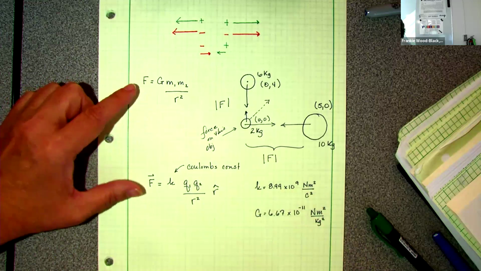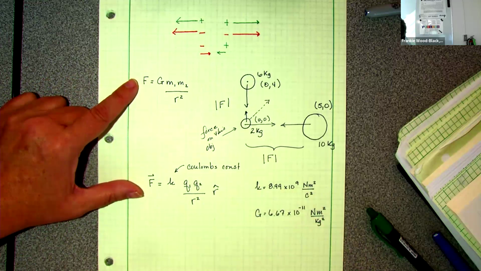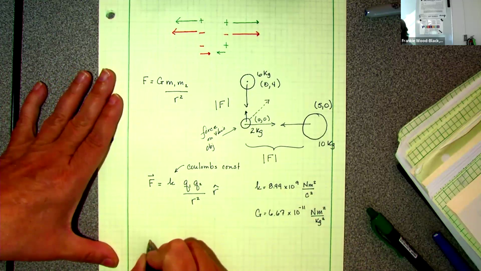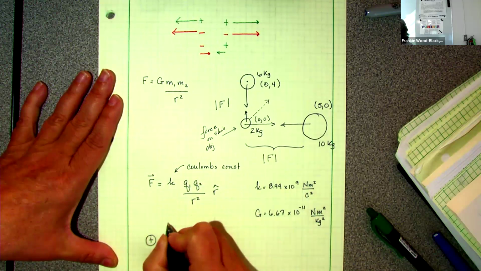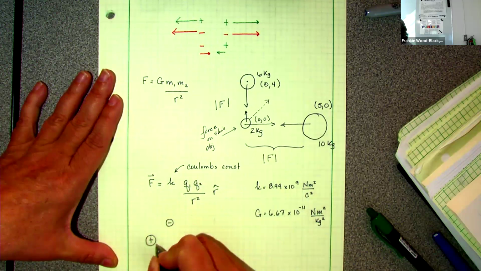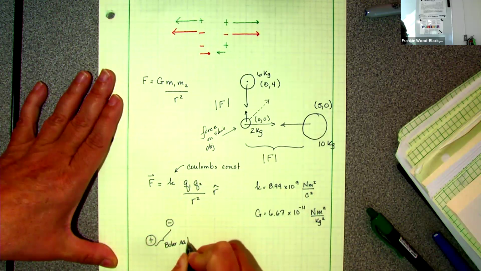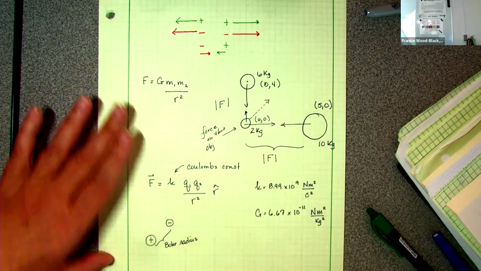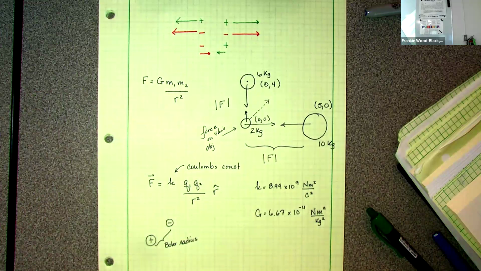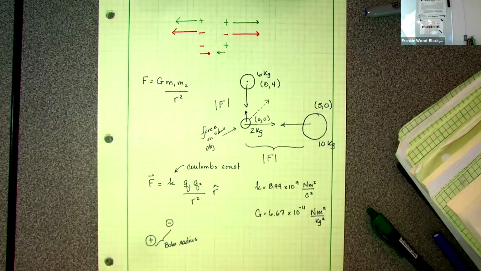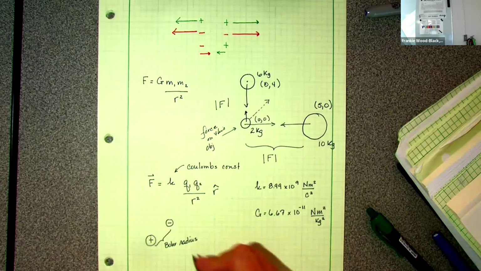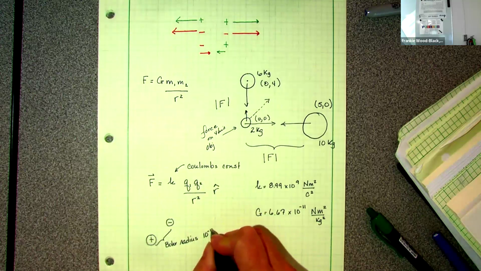So we could actually do this for a hydrogen atom. My hydrogen atom has a proton and an electron, and the radius is the Bohr radius. And my Bohr radius is typically on the order of 10 to the minus 15.